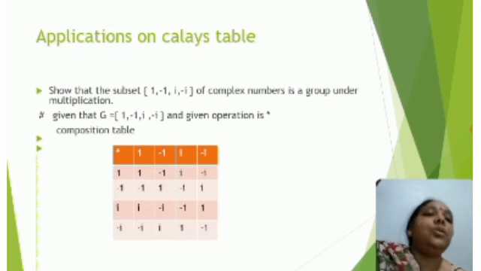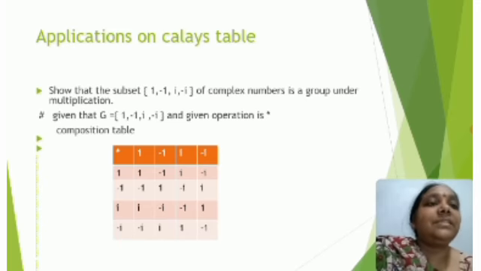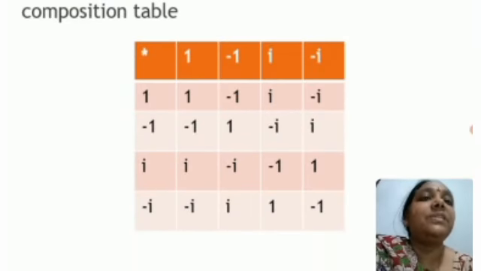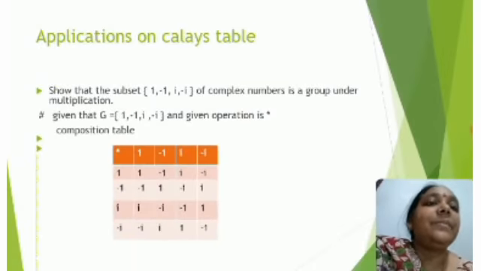As the row elements are similar to the top row elements, we can say it satisfies the identity property, and the leading element of that row, that means 1, is the identity element.